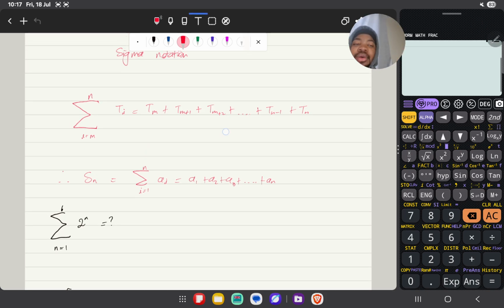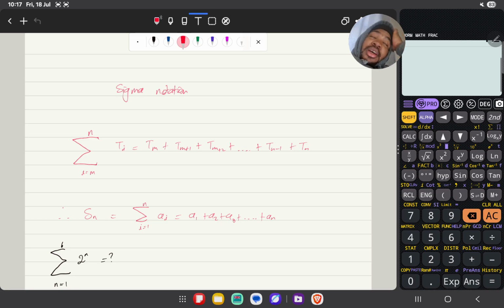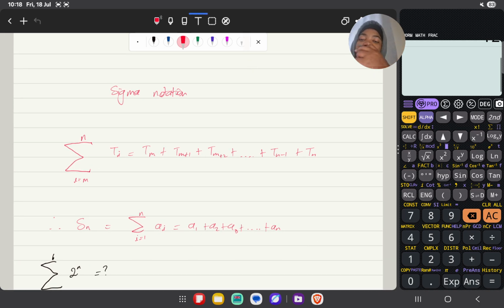While we are still talking about series, where we are adding, we can talk about sigma notation. Sigma notation is basically just one rule for summation, and this is what it looks like.